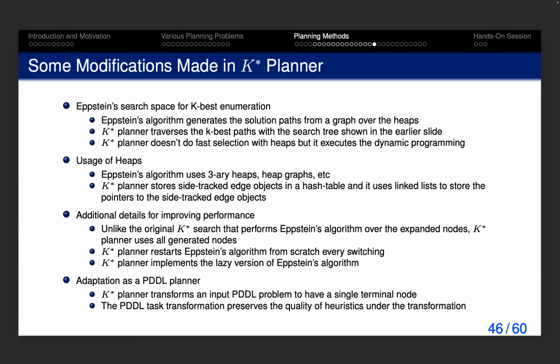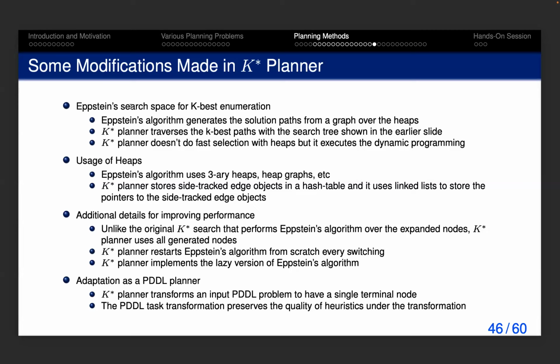If we had to build billions or trillions of plans, it would make some difference, but under this kind of application regime it doesn't matter. And of course, rather than implementing Eppstein, we implemented a lazy version of Eppstein that saves you some time in the end.